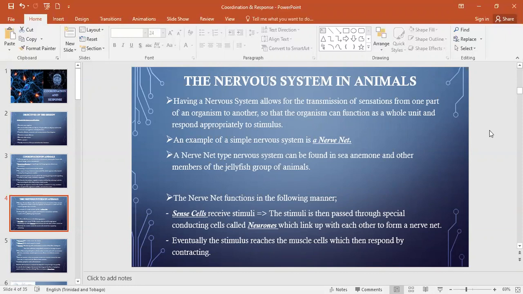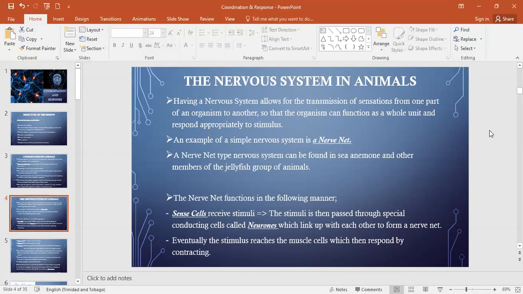Every single part of your body, once everything is working well, will move in order for you to accomplish whatever task you have to accomplish. Everything will sort of fall into place and your body will react accordingly. And this is all thanks to you having a nervous system.